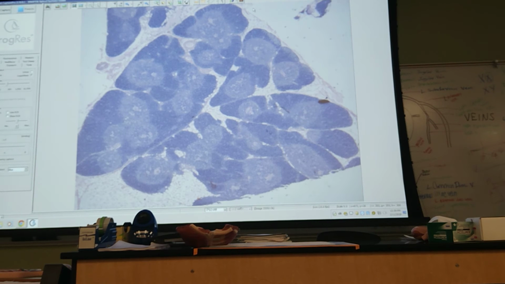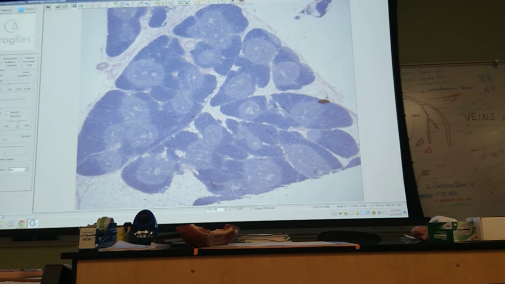Now, one thing about the lobules. Let's take a lobule. What's something that's pretty obvious about it? It has lighter and darker parts. It's staring at you.